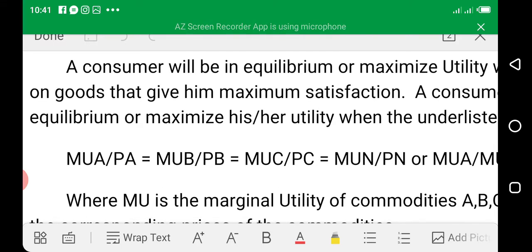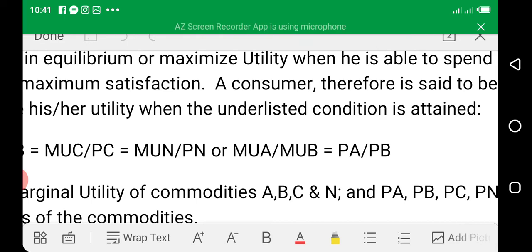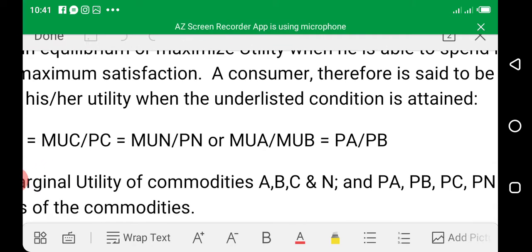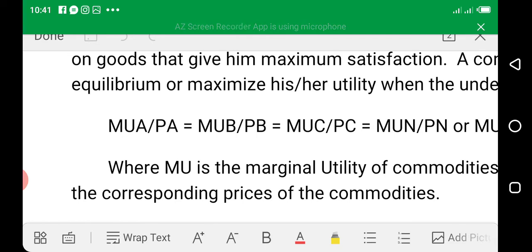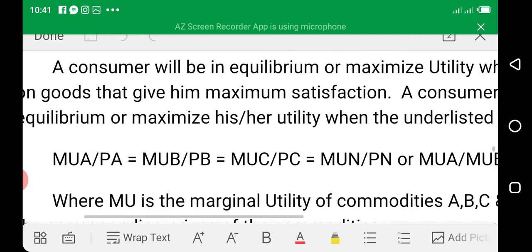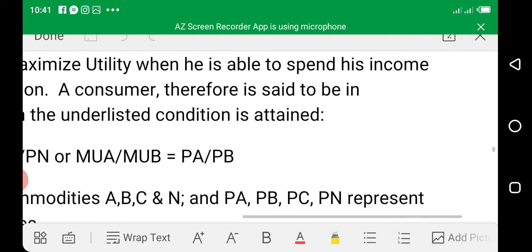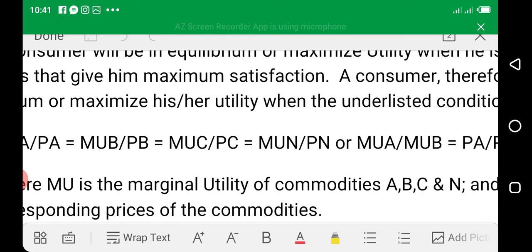A consumer will be in equilibrium or maximum utility when he is able to spend his income on goods that give him maximum satisfaction.